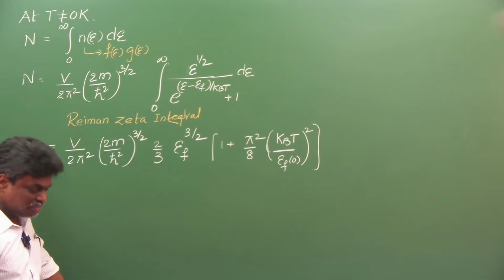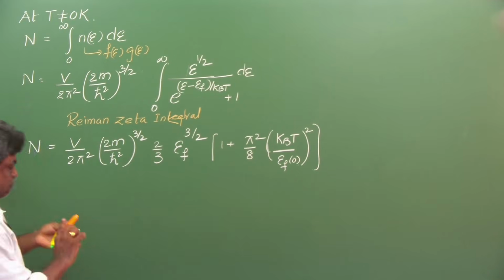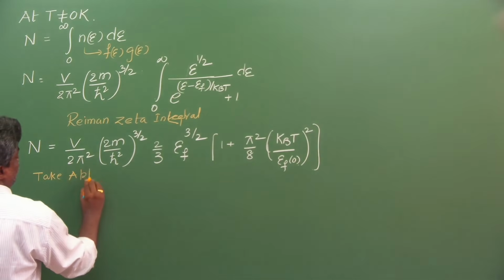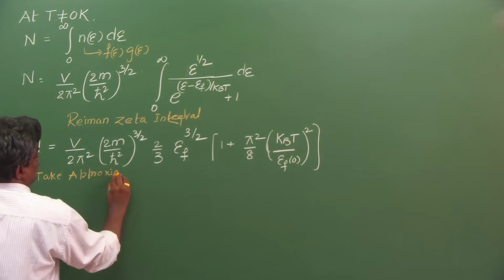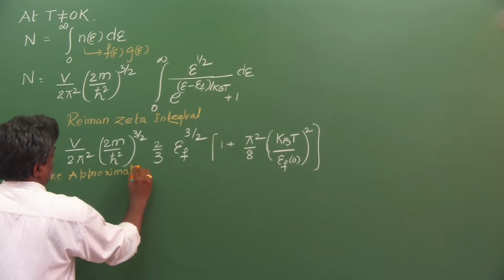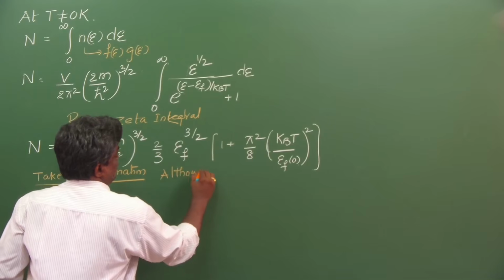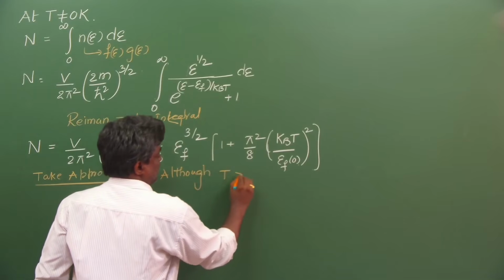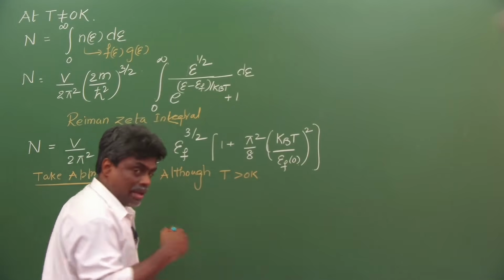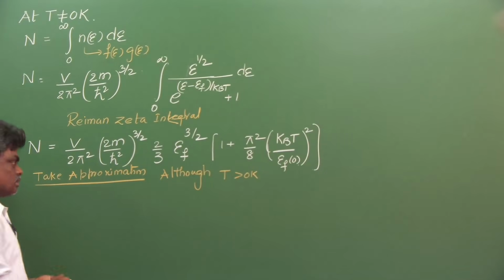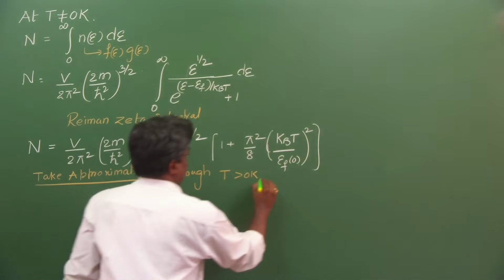Wait a minute. Here we have to take an approximation. What we are assuming is, although T is greater than 0, we are assuming still the gas is degenerate.